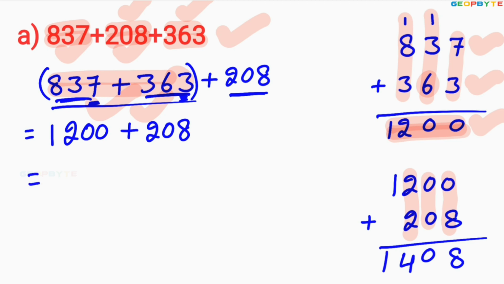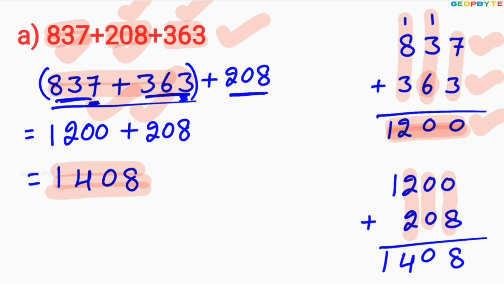It is equal to 1408. That is your answer. That is how you can simplify the problem in the easiest method even if the problem is complicated. I hope all of you understood.